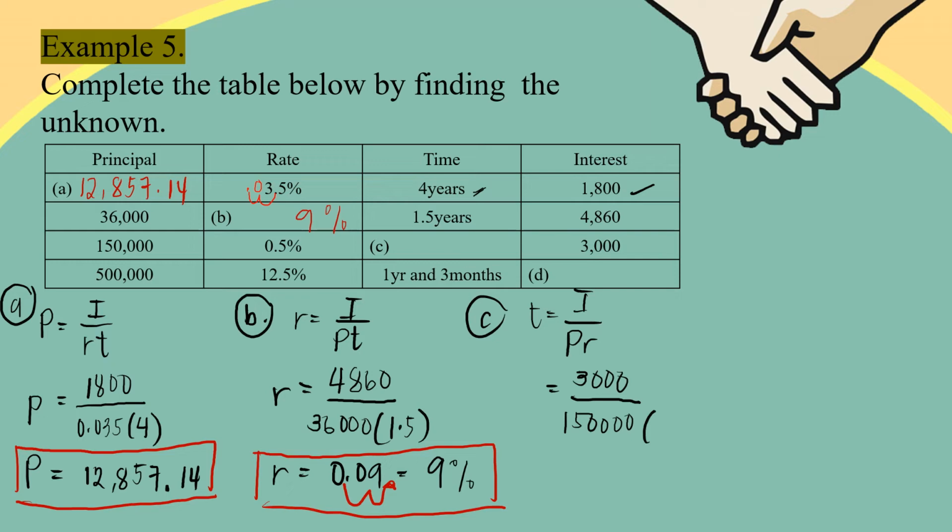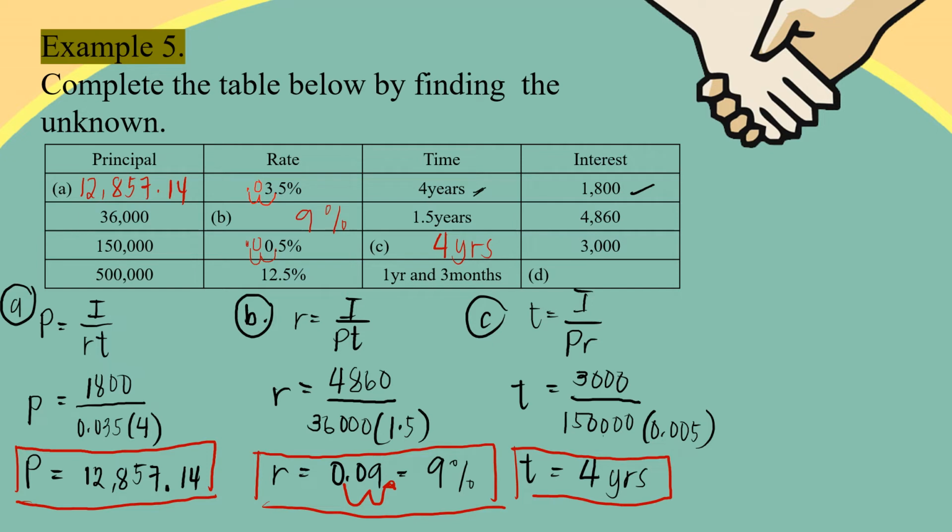Then yung rate ay 0.5%, or again, divide natin into 100 or move tayo ng dalawa, so magiging 0.005. Compute ulit. Input natin sa ating calculator. Ang makukuhang answer dyan is 4, exactong 4. So, the time is 4 years. Okay, so 4 years ang nakalagay dito.